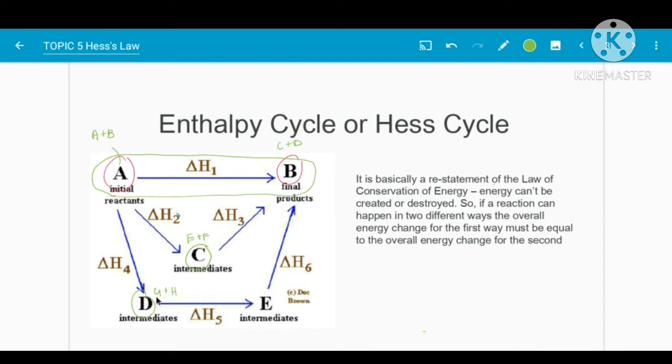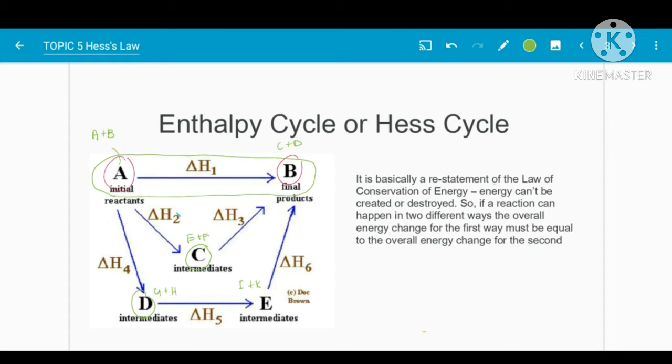With the same concept, G and H react with another element and produce another product, I and K. And I and K react with another element to produce the final product, which is B.